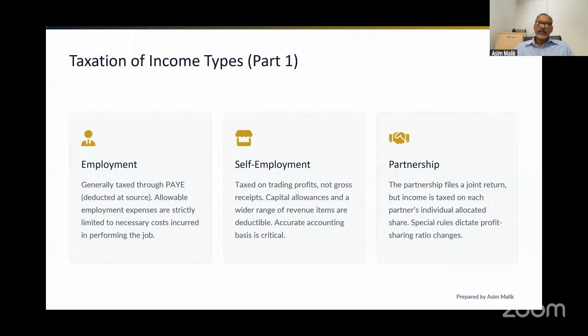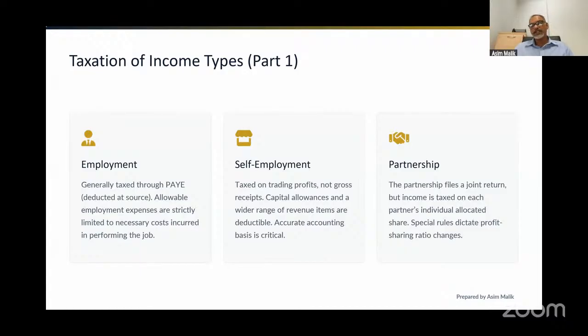So the difference between partnership and limited company is that a limited company will be liable for its own taxation, while a partnership is not liable for its own taxation. Partnership basically transfers the income to the individual partners, and it's the partner who will be liable for their own taxation based on their own circumstances.